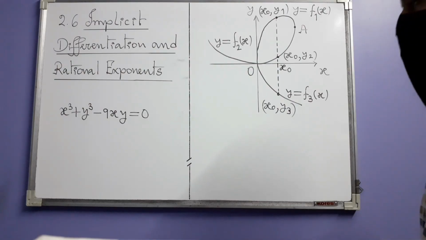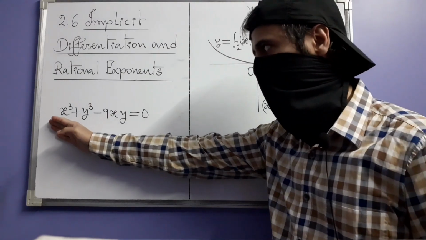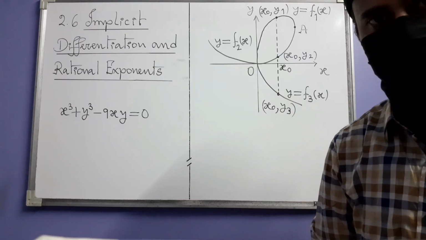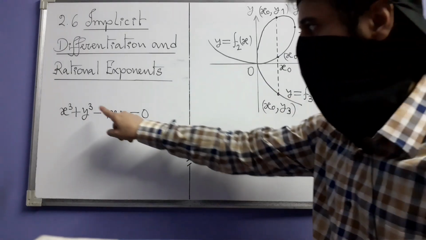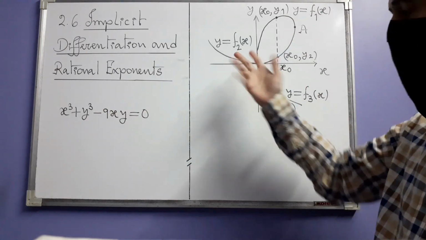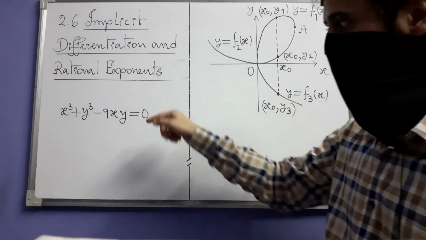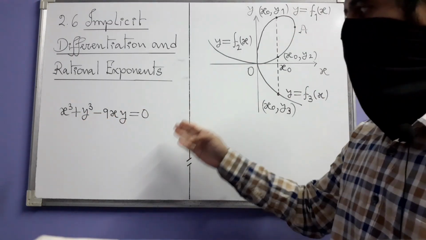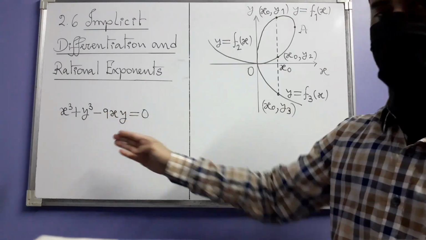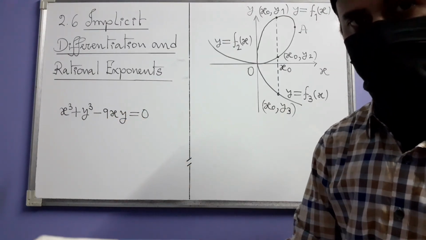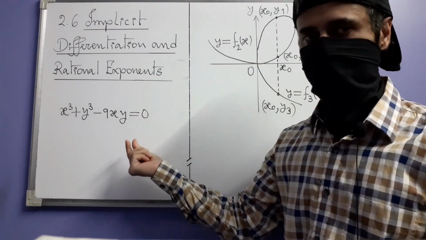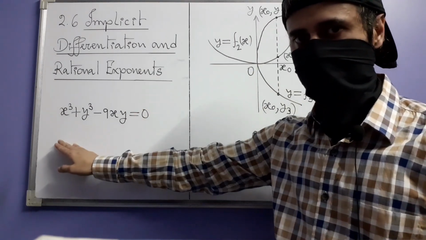And that is possible because you can differentiate both sides of this equation with respect to x, treating y as a function of x. What function we don't know, but y as a differentiable function of x, and you do the differentiation using all your differentiation rules, including the chain rule, and that way you will get dy/dx in that equation.